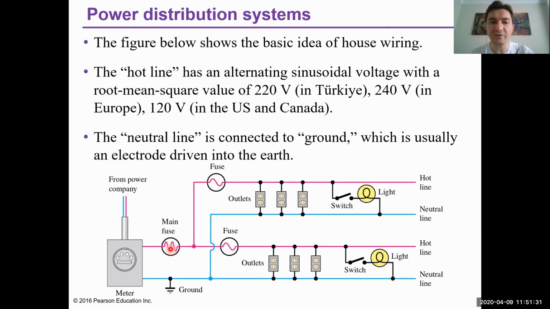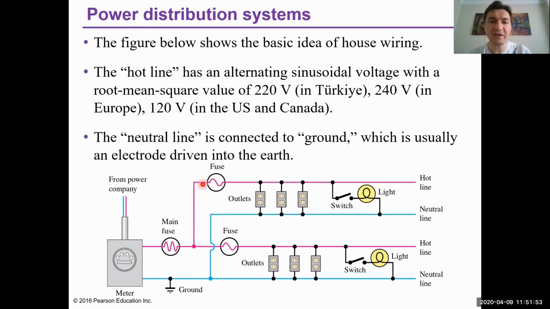This is the main fuse, and this phase or hotline is split into different lines. Then this line goes to the kitchen, this line goes to the bedroom, and another line can go to another room in your house, okay?